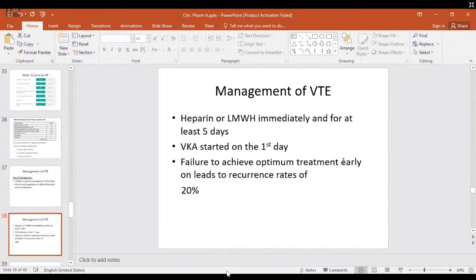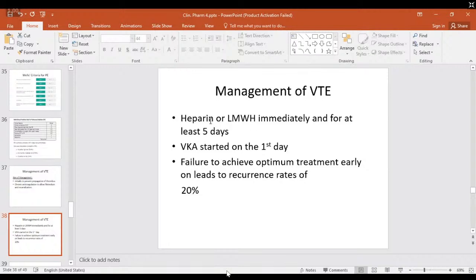So that being said, we use mostly anticoagulants, not antiaggregants. Antiaggregants are usually for arterial disease, and here we have venous disease.